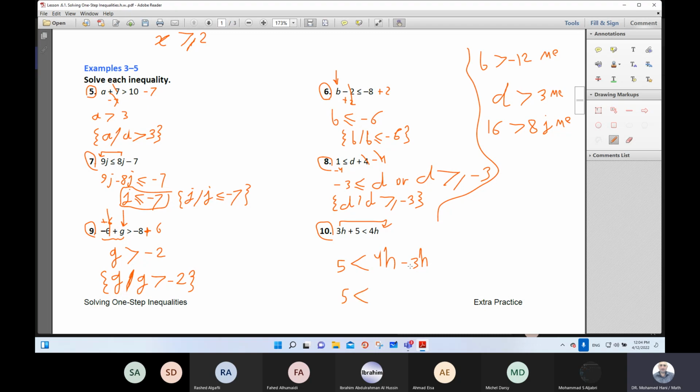Now 4h minus 3h will be h. So h greater than 5. So the set of solution is h such that h is greater than 5.